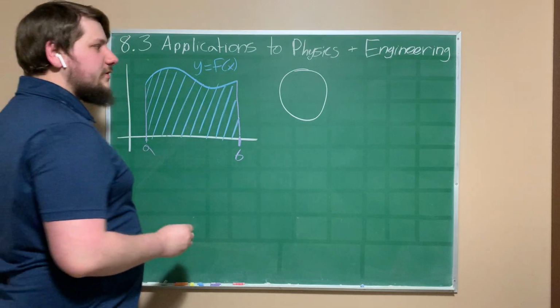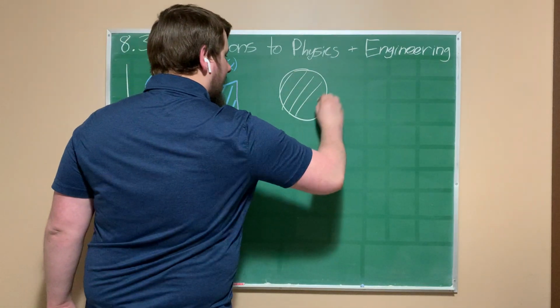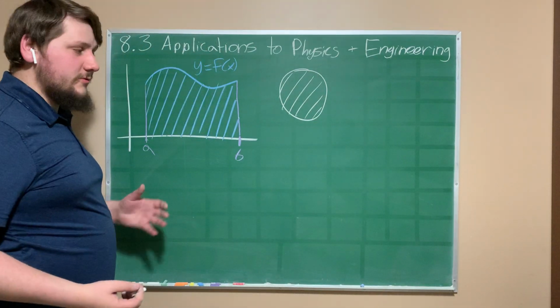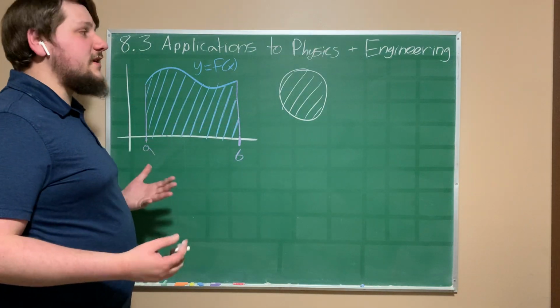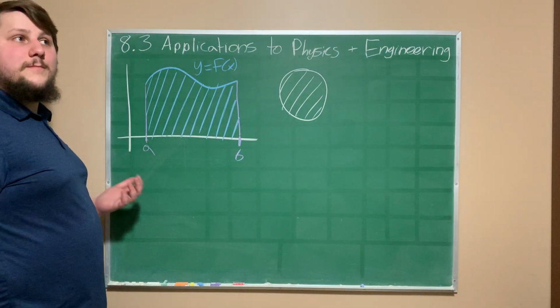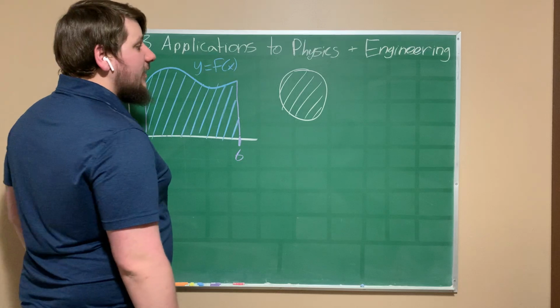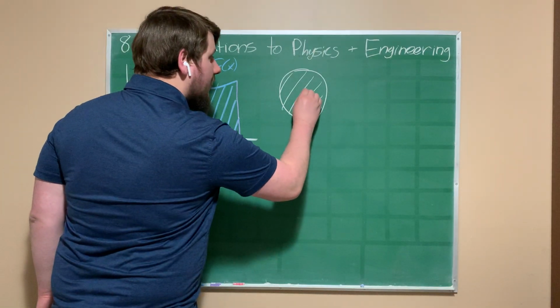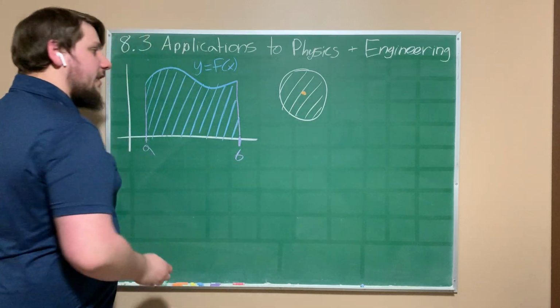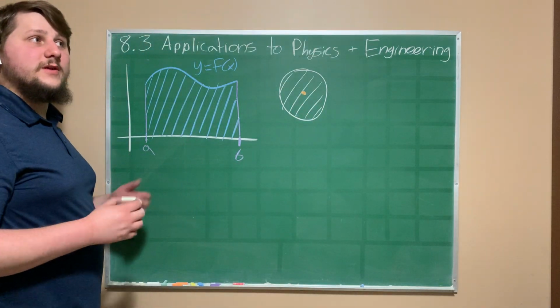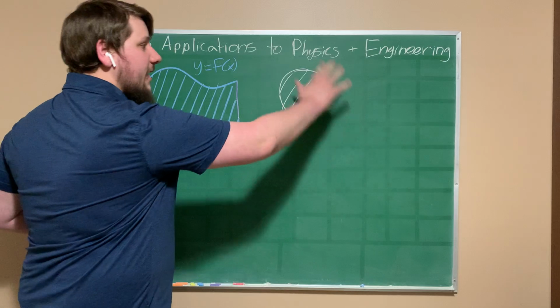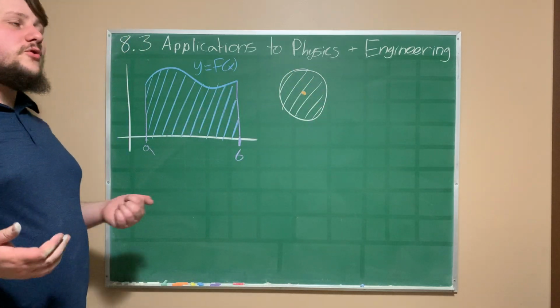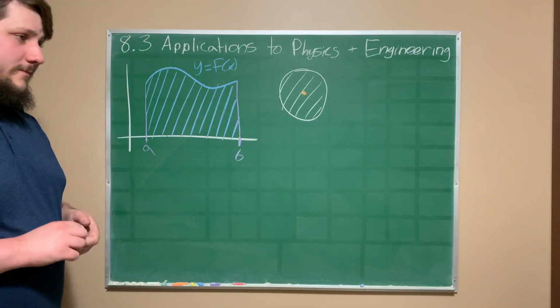If this circle is completely filled with material, so we have a circular laminate, a flat disc that has some weight to it, the center of mass is guaranteed to be right at the center, as long as all the mass is distributed evenly, as long as the density is the same everywhere.